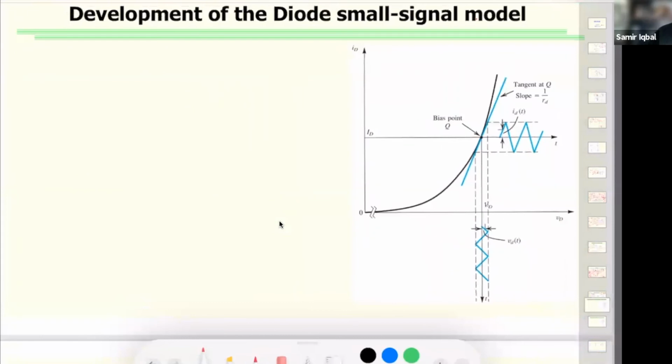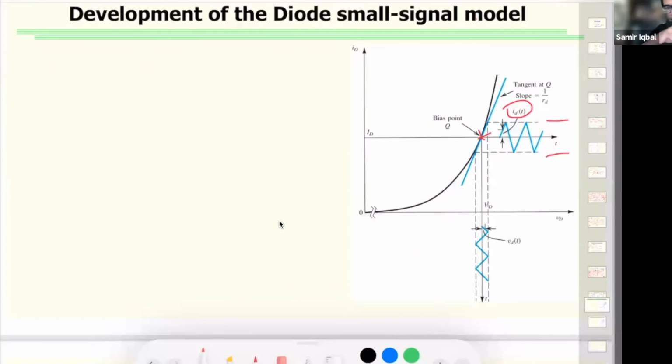So we have this guy riding on top of your Q point voltage. So this is now going through a small signal variation around that Q point.